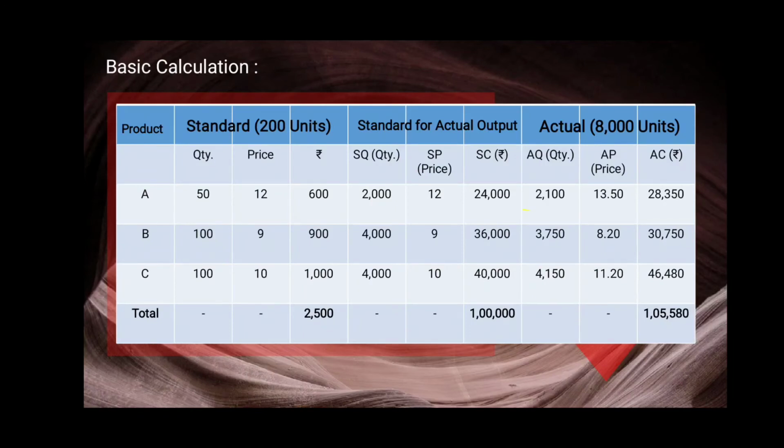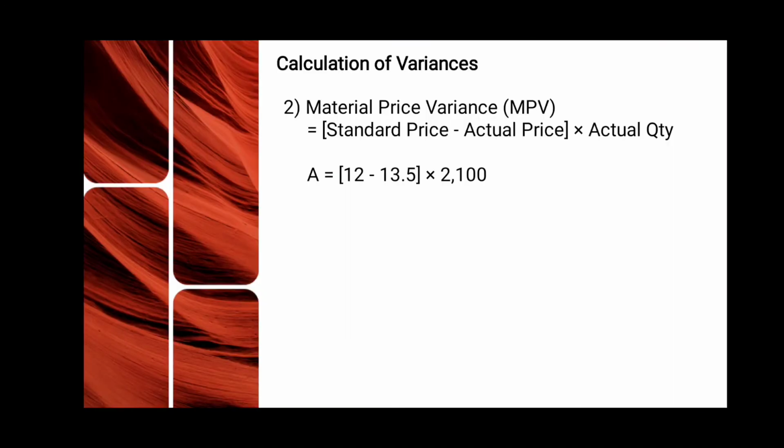So actual quantity is 2,100, which will be equal to rupees 3,150, which is negative. So we'll mark it as A.